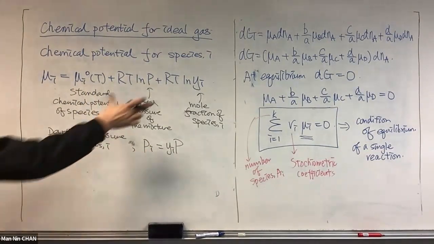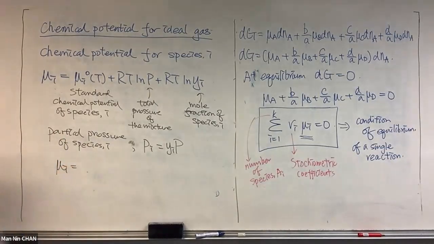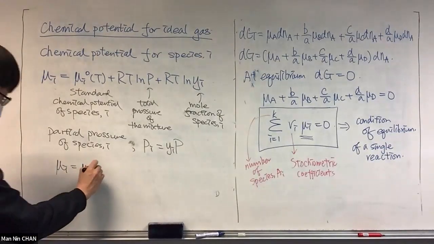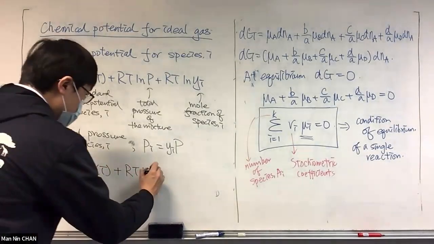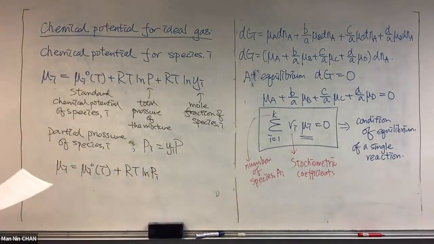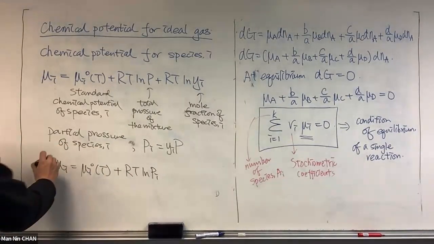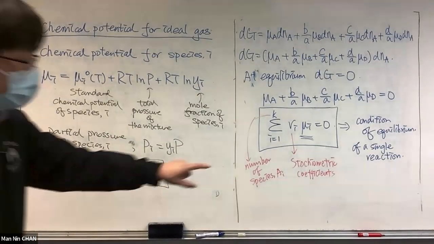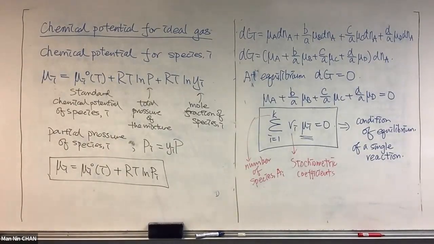So most of the time, people combine this term, and the chemical potential of a species in the ideal gas mixture is the standard chemical potential mu_i naught plus RT ln P_i, where P_i is the partial pressure of your species. This is how you calculate the chemical potential of a species in an ideal gas mixture.